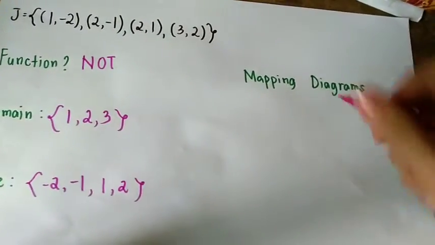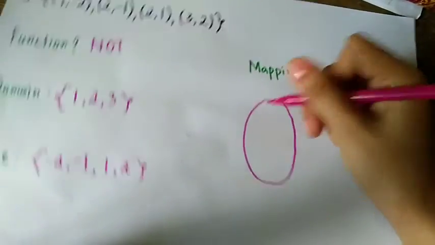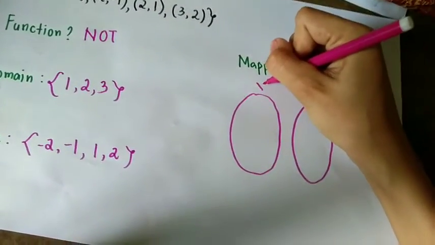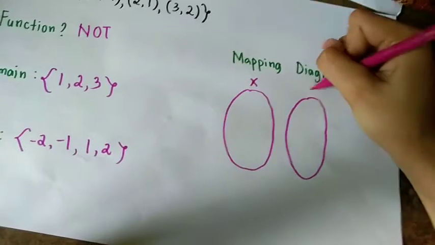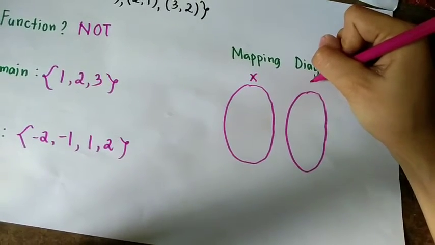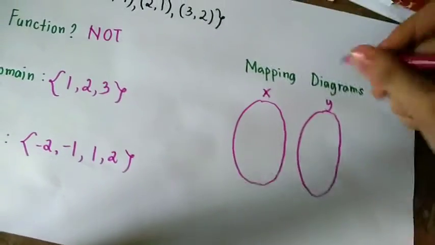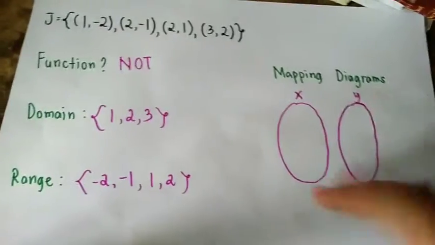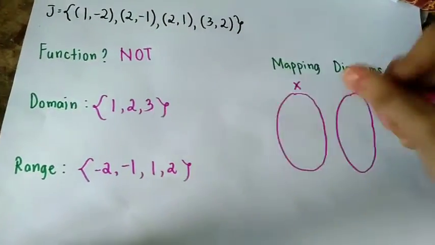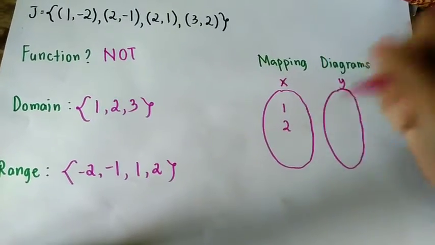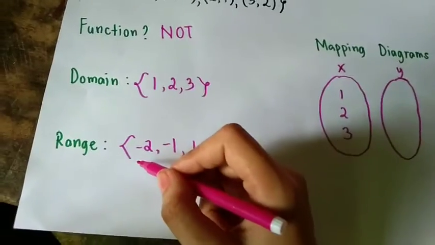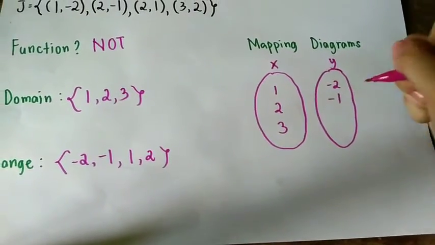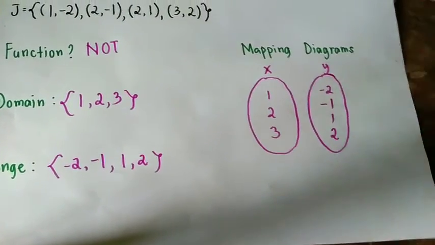So let's just draw 2 bubbles. Yan. And these are our domain, and these are our range. So our domain are 1, 2, 3, and our range are -2, -1, 1, and 2.